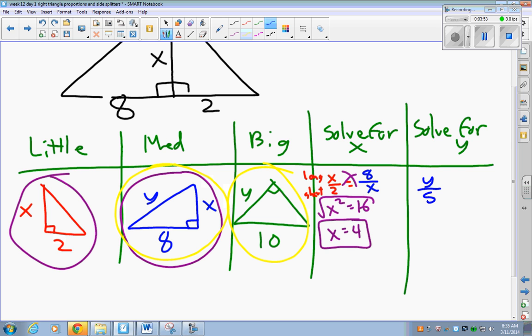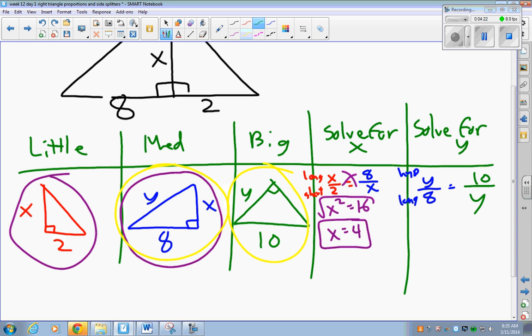Y over 8. Now in that case, y was the hypotenuse and 8 was the long. So I have the hypotenuse over long. So I better do the same on the green guy. The hypotenuse is definitely 10. And again, it's hard to see that that y happens to be the long side. But with my little hint, you should also see that one y is on top, one y is on bottom. You probably set it up correctly.